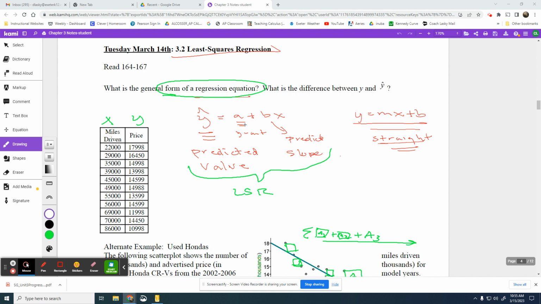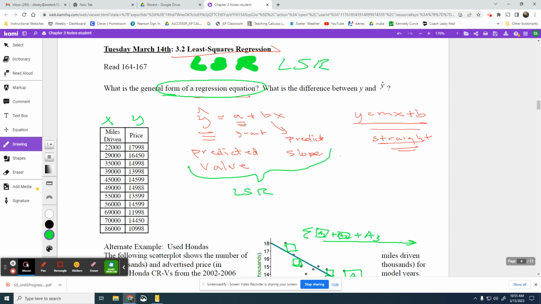We have our linear regression line, and we're talking about what's called the least squares regression. You'll refer to it as the LSR.